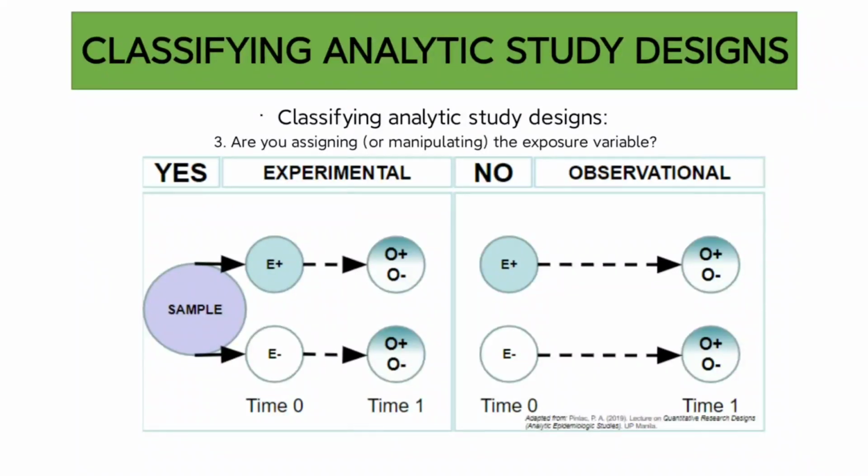Or there's no outcome, no? Walang effect. Check mo rin nun yung unexposed group if there's an outcome or there's no outcome. Okay? Now, this is what we call experimental. If your answer naman dito is no, that is what we call observational.